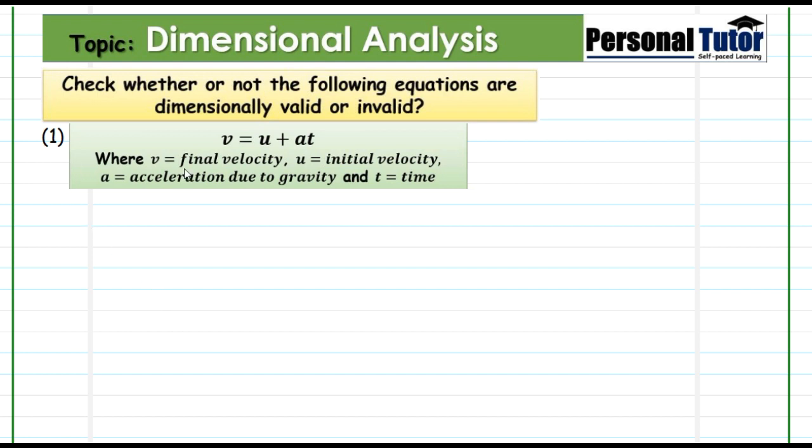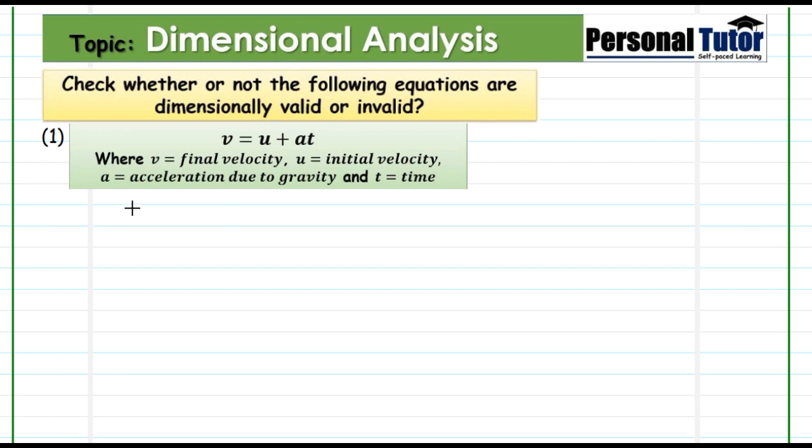And question number 1, the equation is v equals u plus at, where v equals final velocity, u, initial velocity, a, acceleration due to gravity, and t equals time. Great. So every term in the equation has been defined. Our task will only be to substitute them.